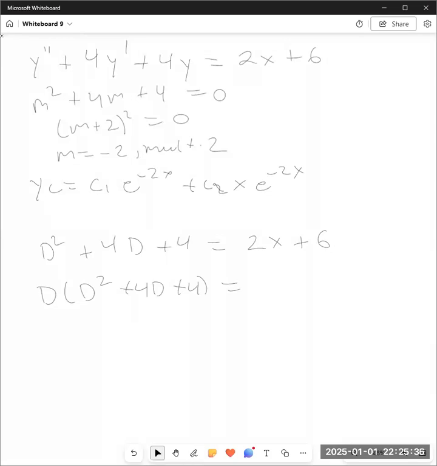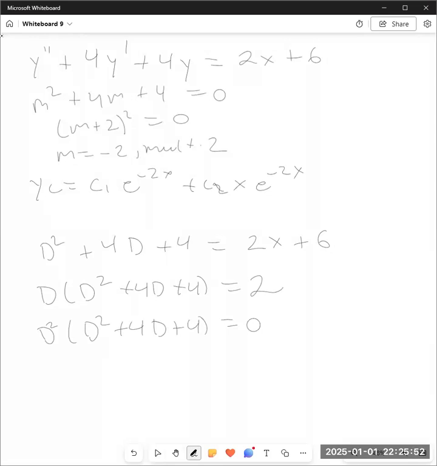So when I differentiate one time on the right-hand side, I get 2. Need to differentiate again to get that to be a 0 on that side.